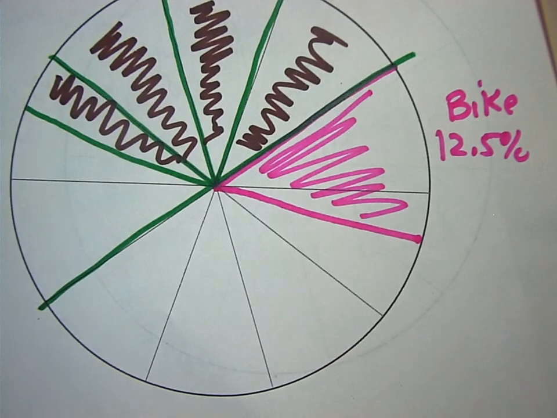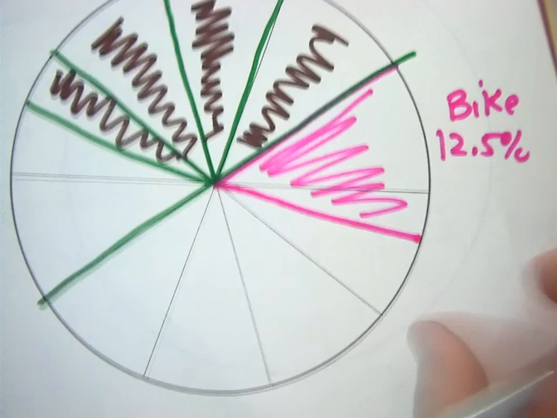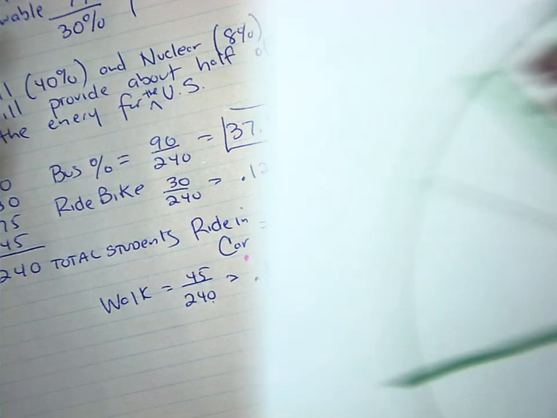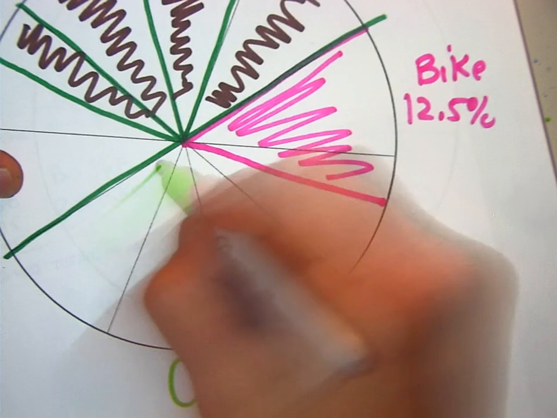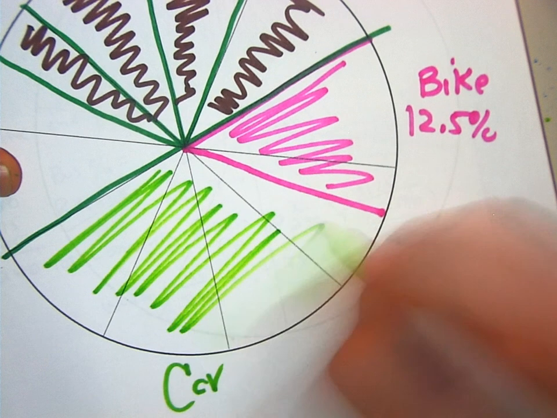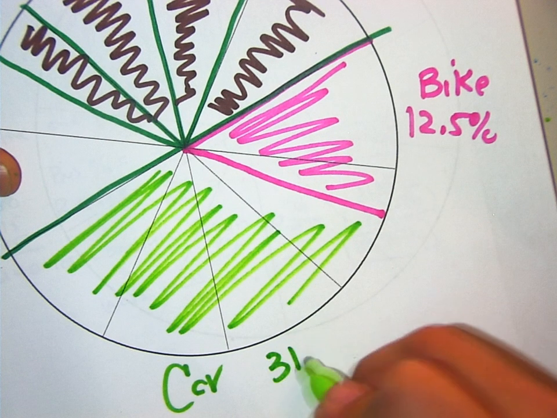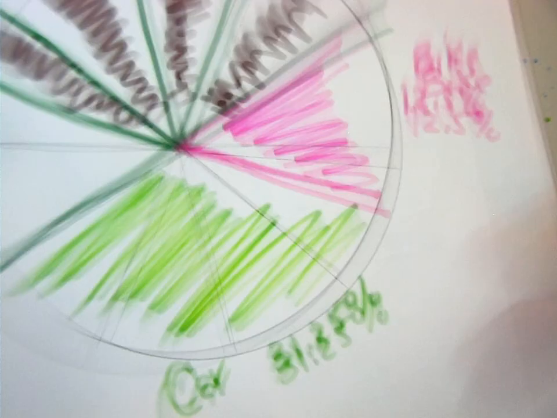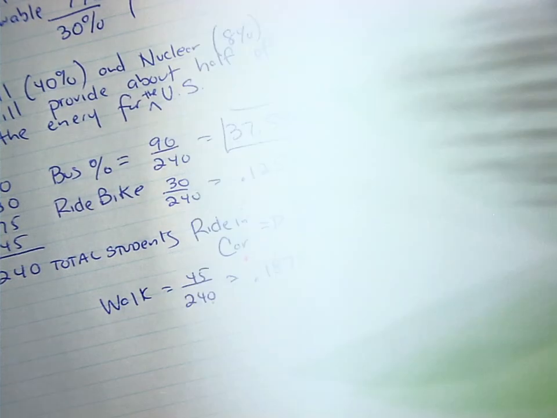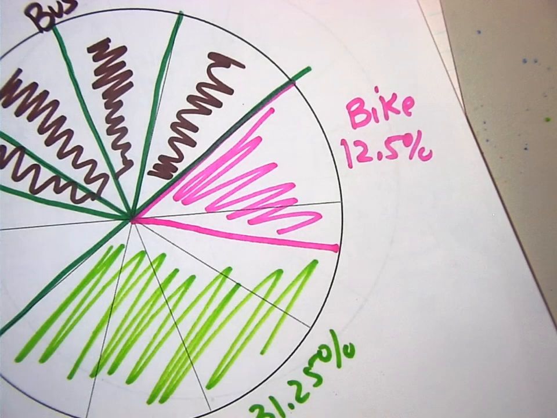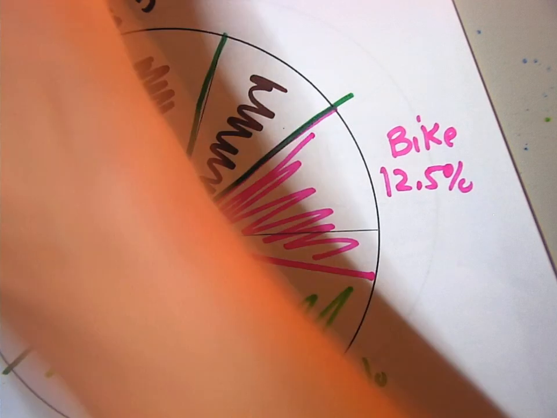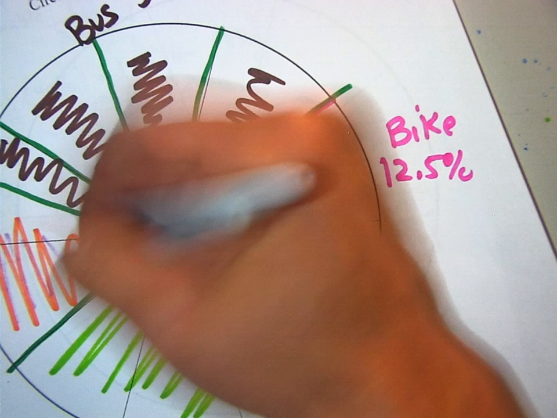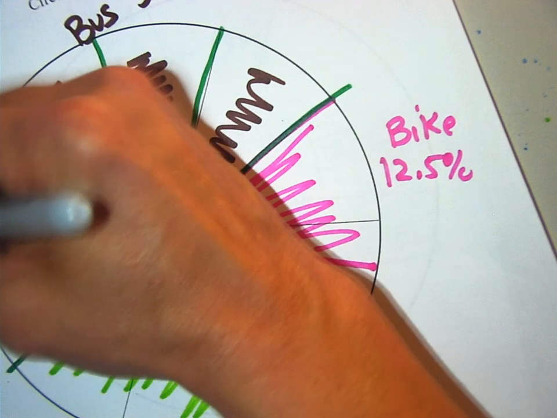So this would be ride in car, 31.25. And the rest is walk, 18.75.